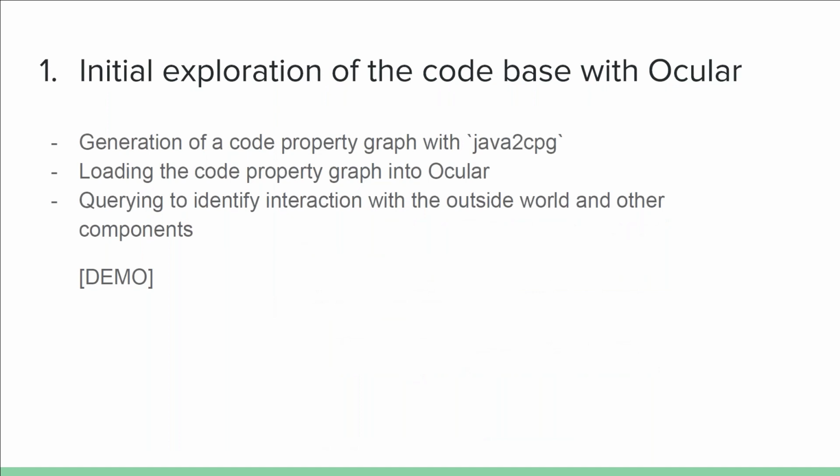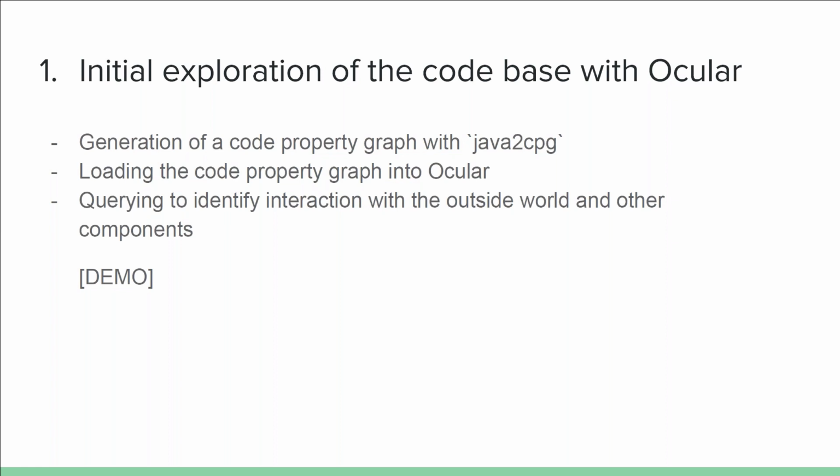Right. So what we'll do now is jump right into using our tooling, and we'll begin by exploring this code base. I haven't really said a lot about what's in there, and the reason is that we're just going to find this out with Ocular ourselves now. We'll see two tools. First of all, we'll see Java to CPG.